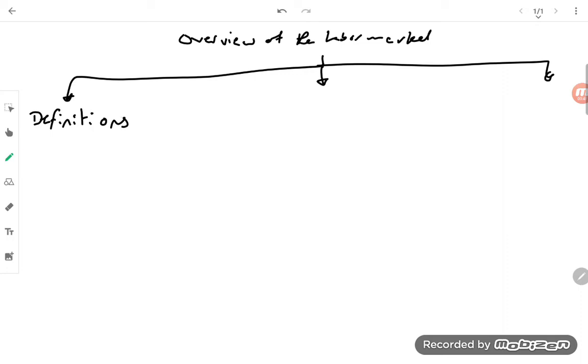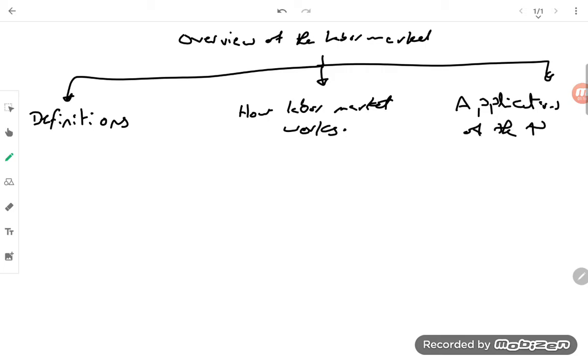And part number two is related to how labor market works. And finally, part number three shows some applications of theory. Let's start with part number one.